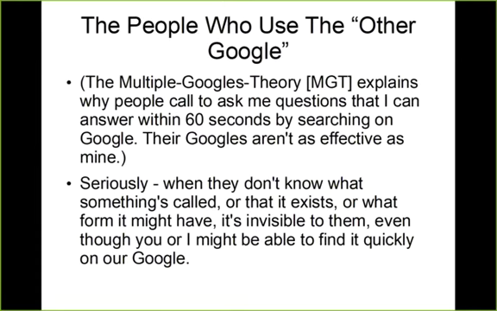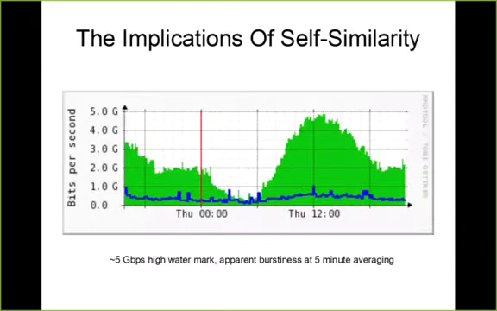Why don't they just search Google? The fact of the matter is, when they don't know what something's called, or that it exists, or what form it might have if it did exist, it's invisible to them. It's really hard to get your fingers around something when you just don't know it exists. So there's something to be said about outreach, which I'm not going to say because I haven't really formulated it yet. So, part 4.